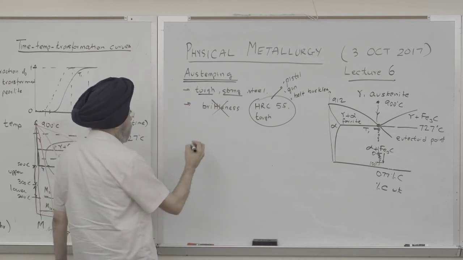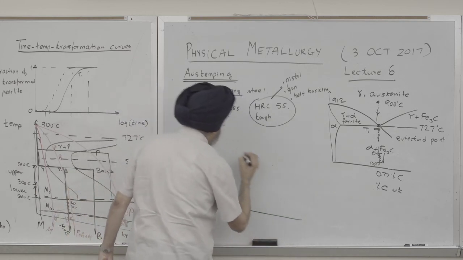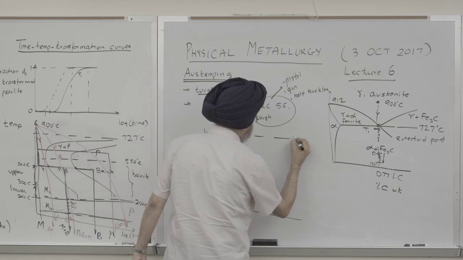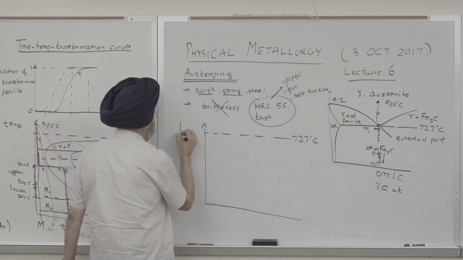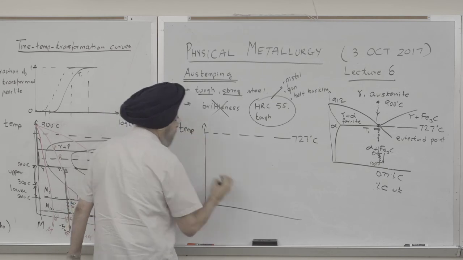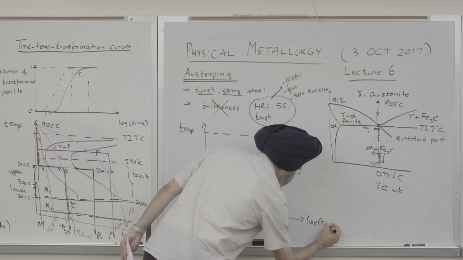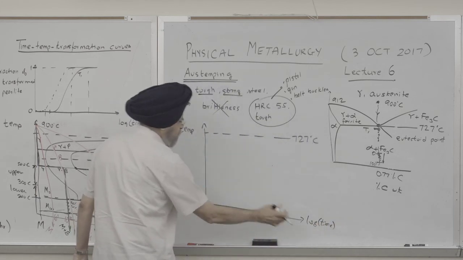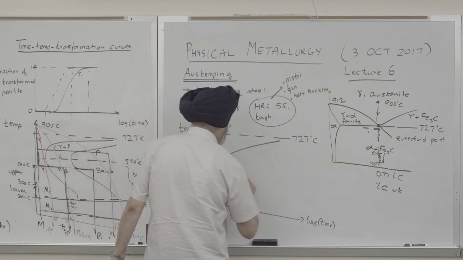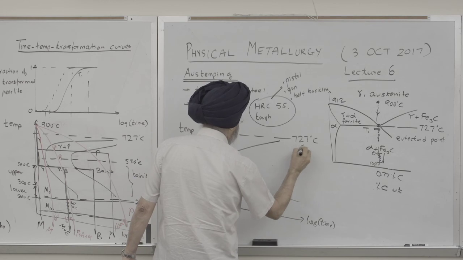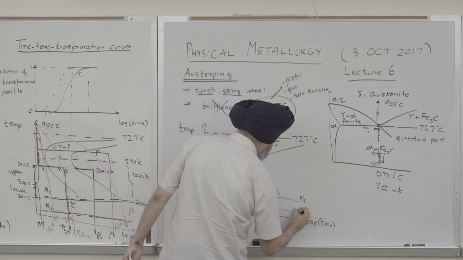So for austempering, the first thing you need to know is what is your time temperature transformation curve. So let me draw a fresh curve. So here's temperature, here is log time. So temperature versus log of time, and the curve might look like this. So this is MS, MF.